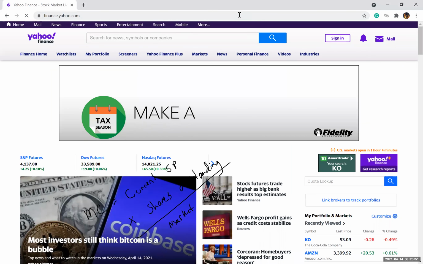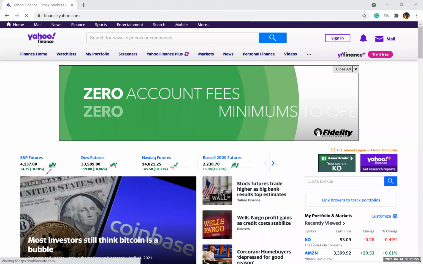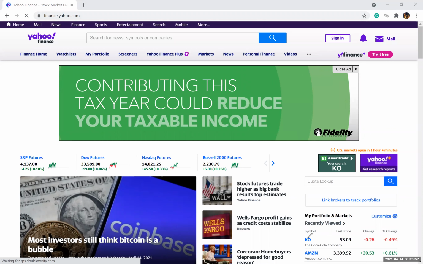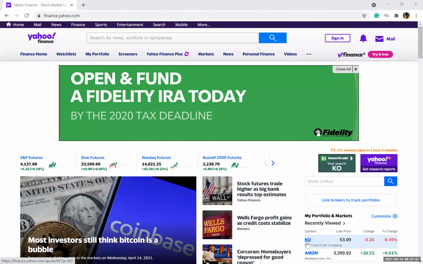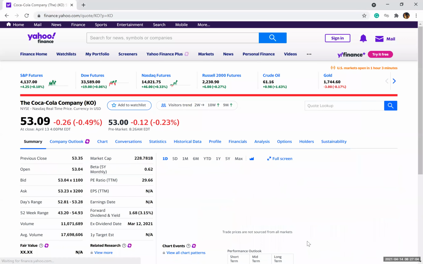Sorry, let me get rid of this formula here. We can look up, for example, Coca-Cola. And we can see that the last price was $53.09.